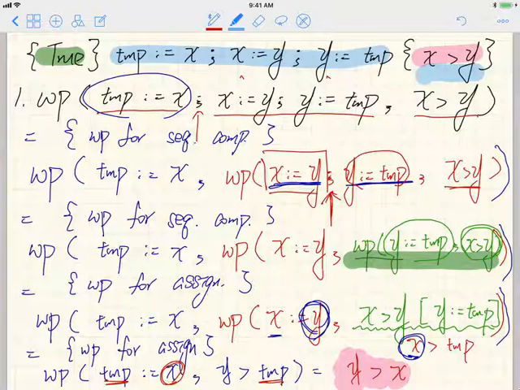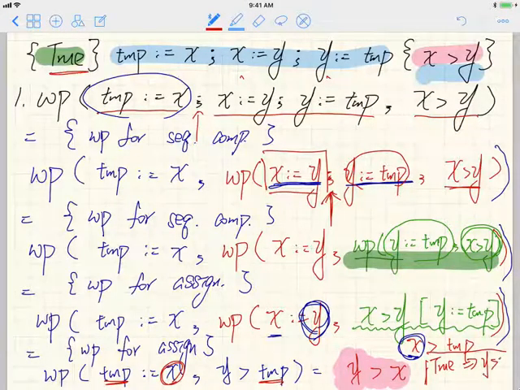Now, is the existing precondition there, which is true, no weaker than Y larger than X? Or, logically speaking, is the following true? Now, I just have a little bit of space over here. So when I say true implies Y larger than X, is that true? Does that hold in general?